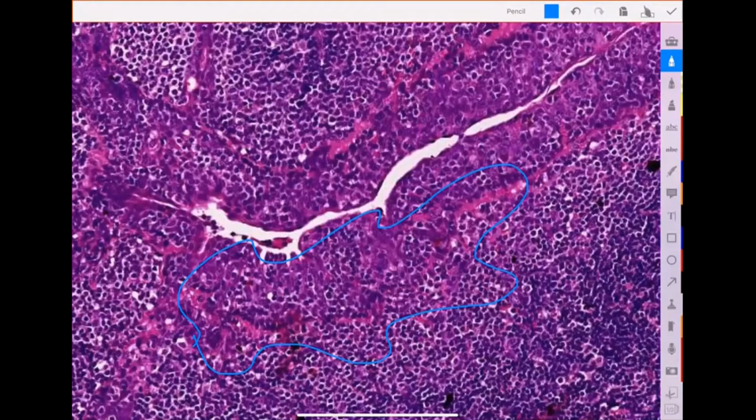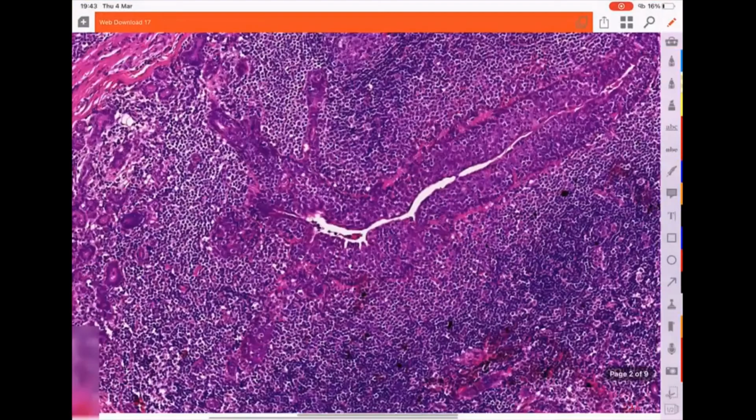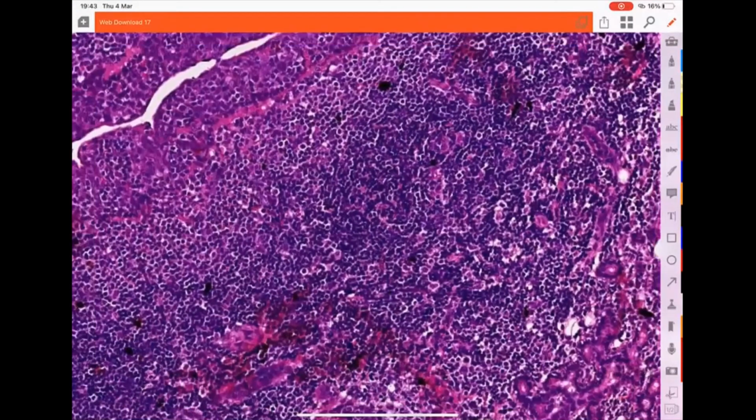First, this is a diffuse infiltrate, and the diffuse infiltrate here is not forming lymphoid follicles. We probably agree on this.